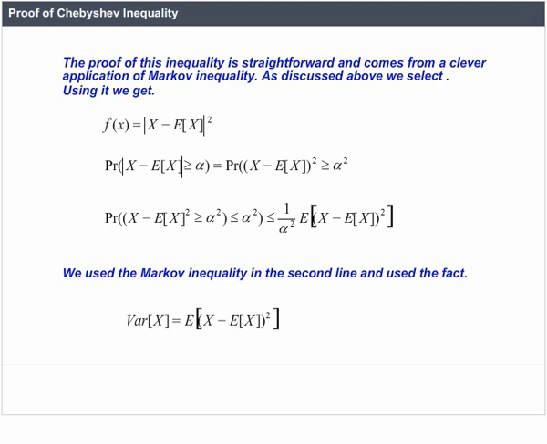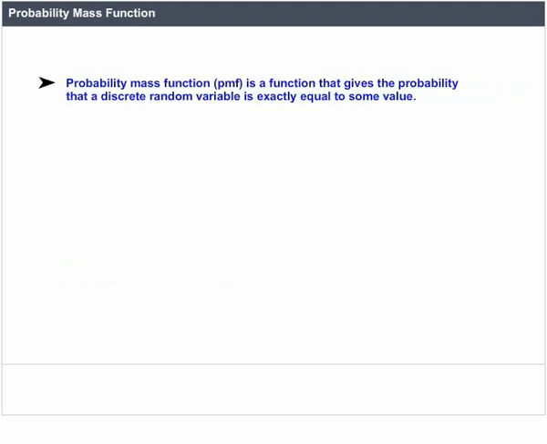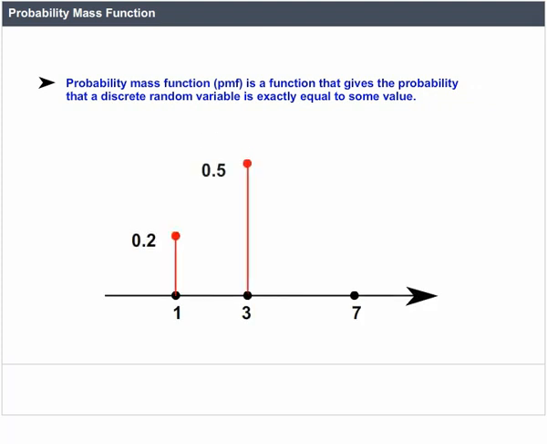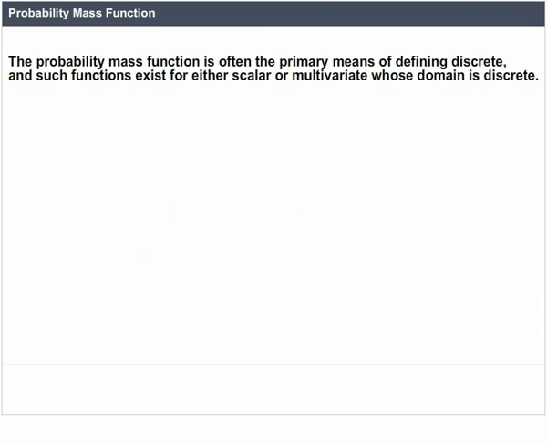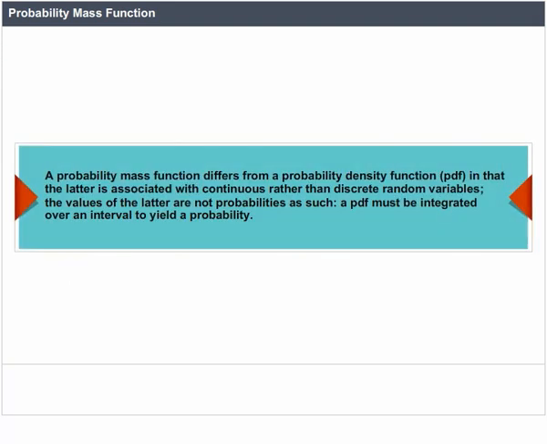Probability mass function. A probability mass function is a function that gives the probability that a discrete random variable is exactly equal to some value. The probability mass function is often the primary means of defining a discrete distribution, and such functions exist for either scalar or multivariate random variables whose domain is discrete. A probability mass function differs from a probability density function in that the latter is associated with continuous rather than discrete random variables.